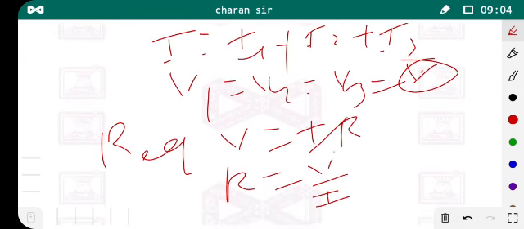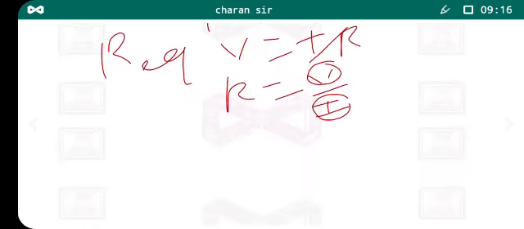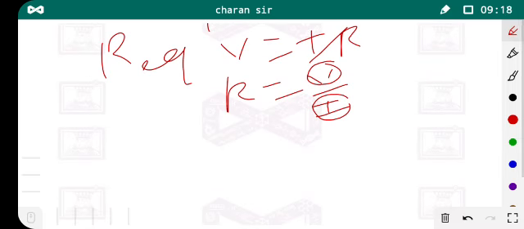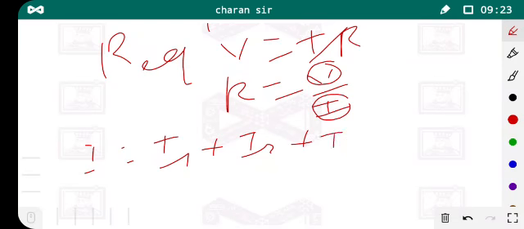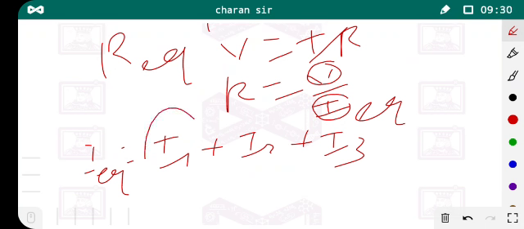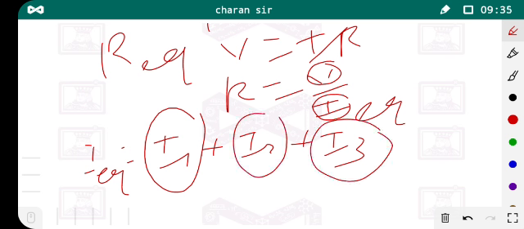Now your voltage value is equal, but your current value is given by the summation, I is equal to I1 plus I2 plus I3. So this is your equivalent current. Now by Ohm's law we can find the resistance in terms of I1, I2 and I3.